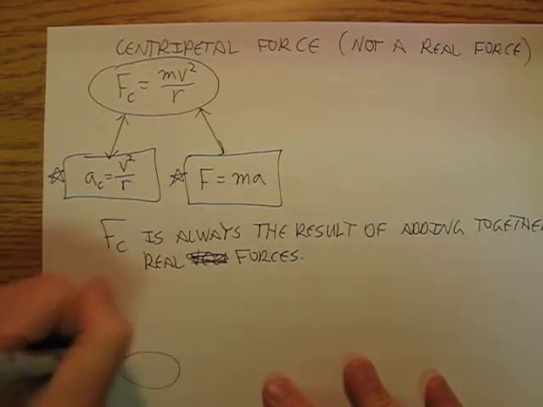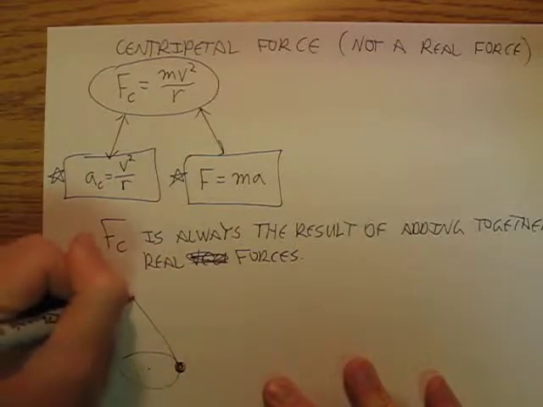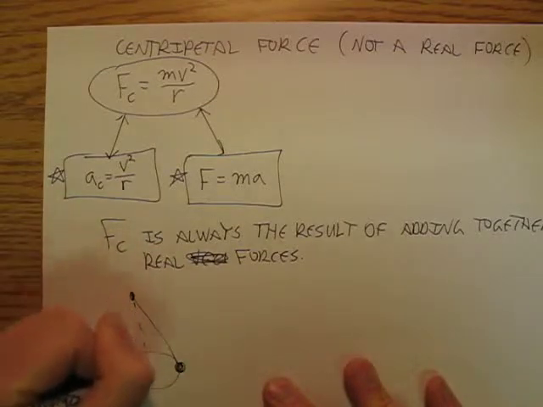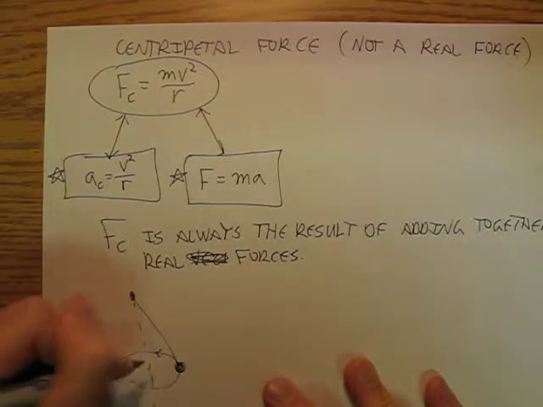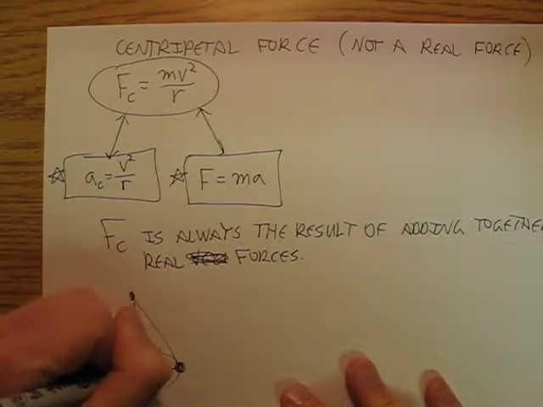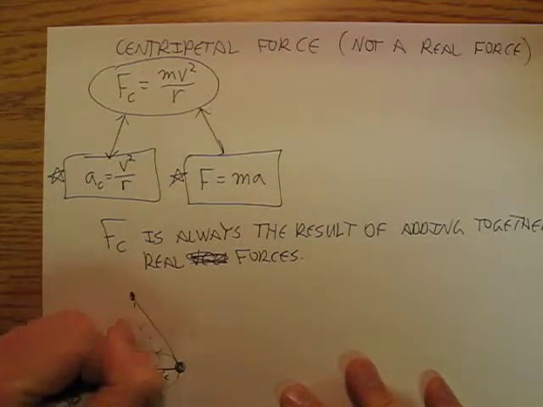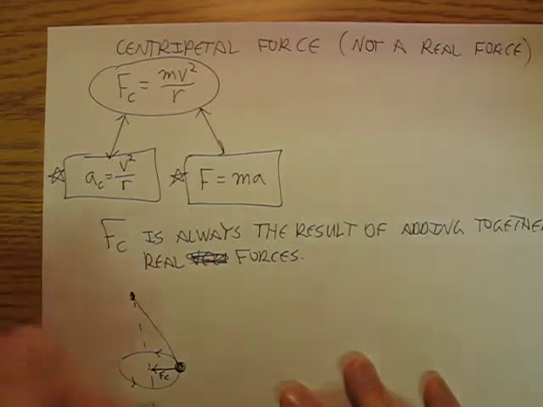We had my little mass attached to a string, going around in a circle. Well, there's a centripetal force this way. That's my Fc, but that's not a real force.